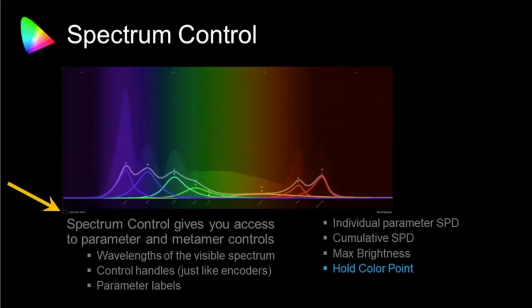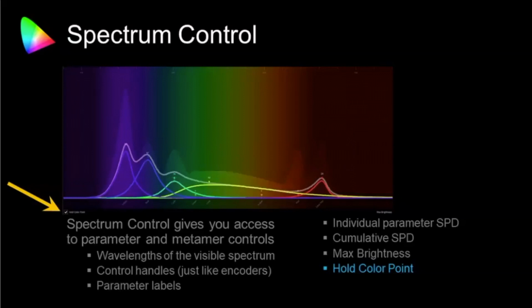A really good example of this is I've got a color that I like. It's a moonlit night color, but the red in the fabric of the dress is popping too much. I can come in, click hold color point, and then as I adjust those colors, the other colors will compensate to keep the feel and the tone of that color the same, but maybe adjust the spectral content.